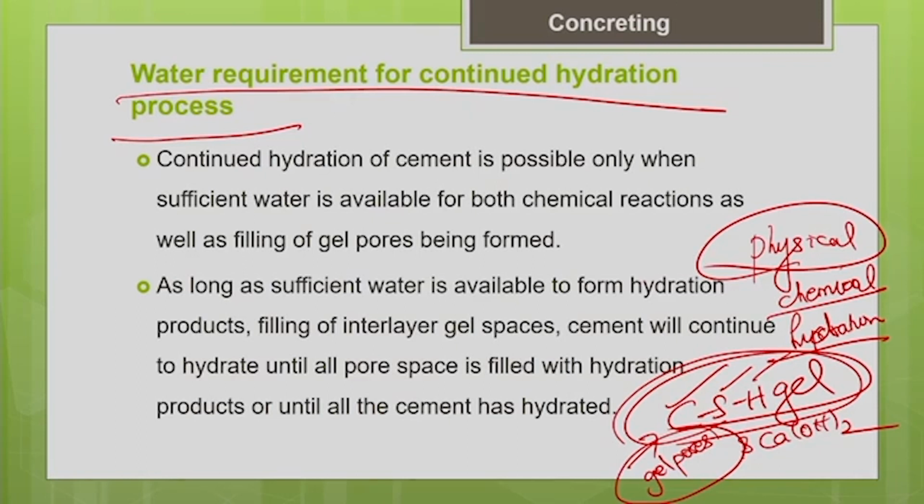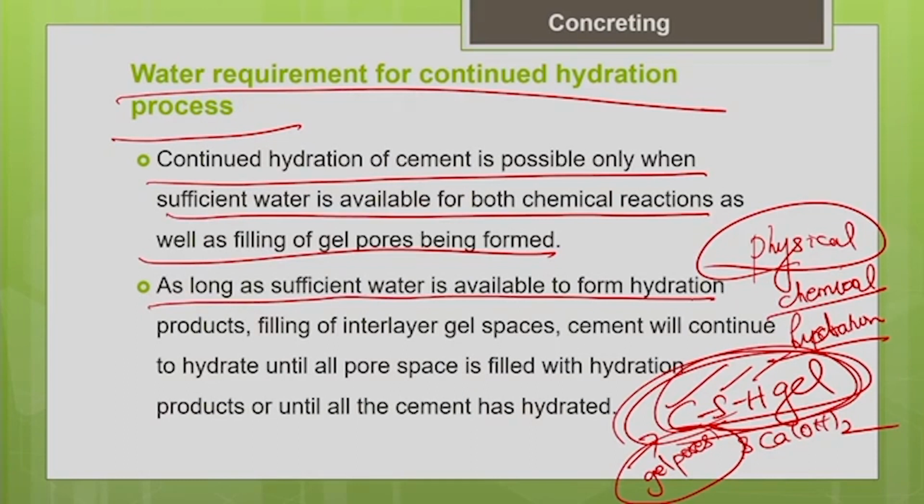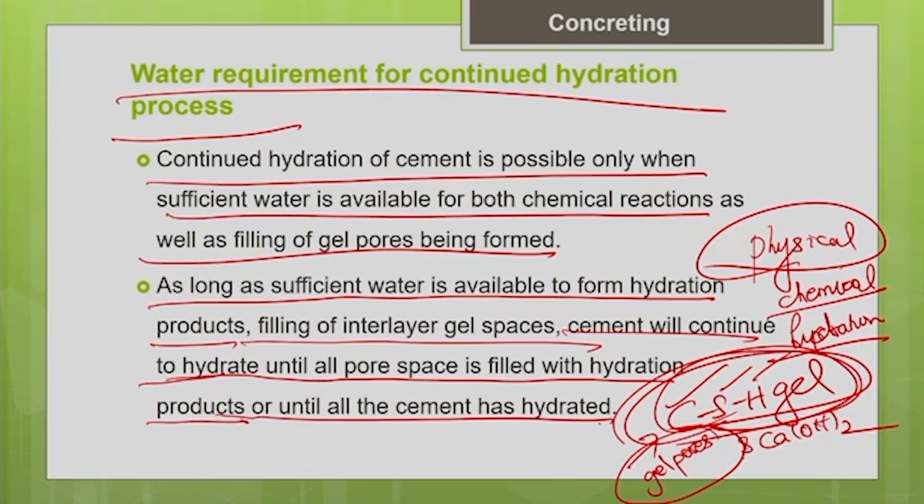Okay. So, continued hydration of cement is possible only when sufficient water is available for both the chemical reactions as well as for filling up of the gel pores which are formed in the CSH gel, that is your hydration product. As long as sufficient water is available to form the hydration products and fill the interlayer gel spaces, cement will continue to hydrate until all the pore space is filled with the hydration products or until all the cement is hydrated.